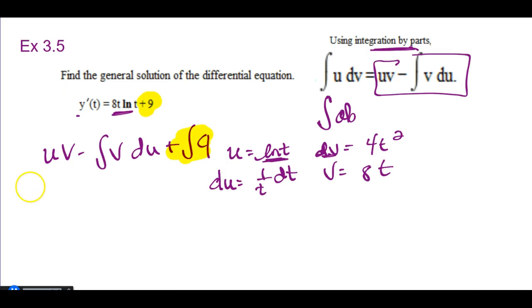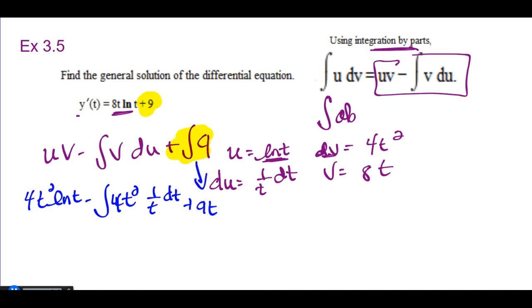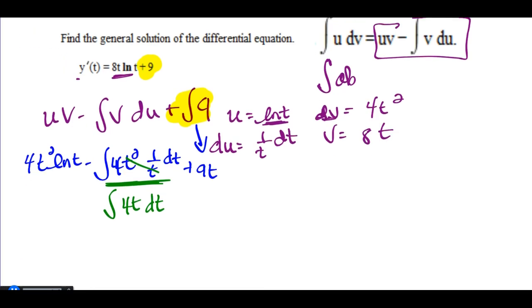So this guy becomes 4t squared ln t minus the integral of 4t squared times 1 over t dt plus 9t. Bringing down this guy. So now, can I simplify this? This is the integral of just 4t dt.